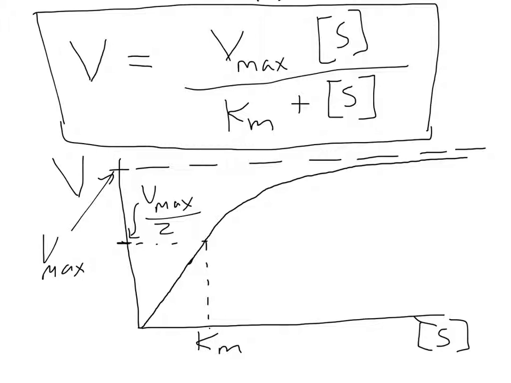I also want to add a comment about Vmax here. Km, as I said, can be interpreted as when your enzyme is half saturated with substrate. But Vmax, when you reach Vmax, that is obviously when the enzyme is entirely saturated.